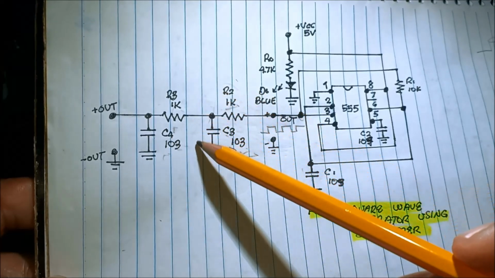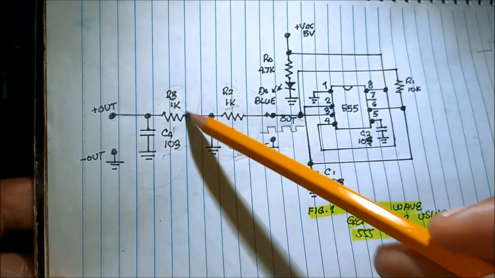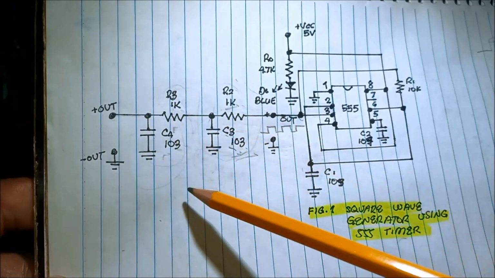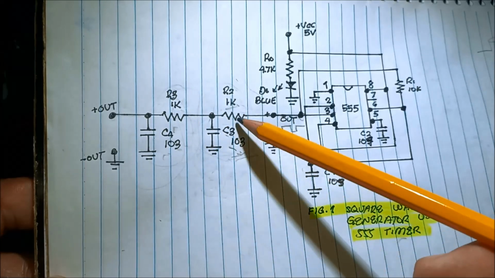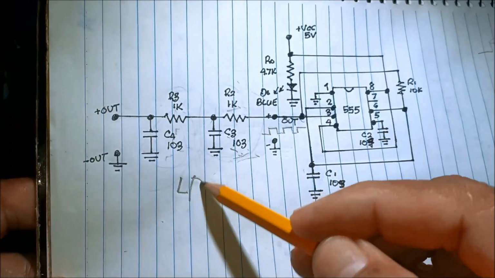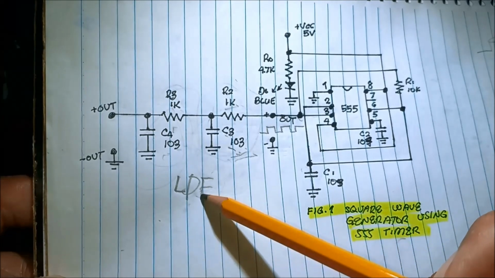What do you think is the configuration of these two RC components? This is a low pass filter, LPF, low pass filter. Okay?